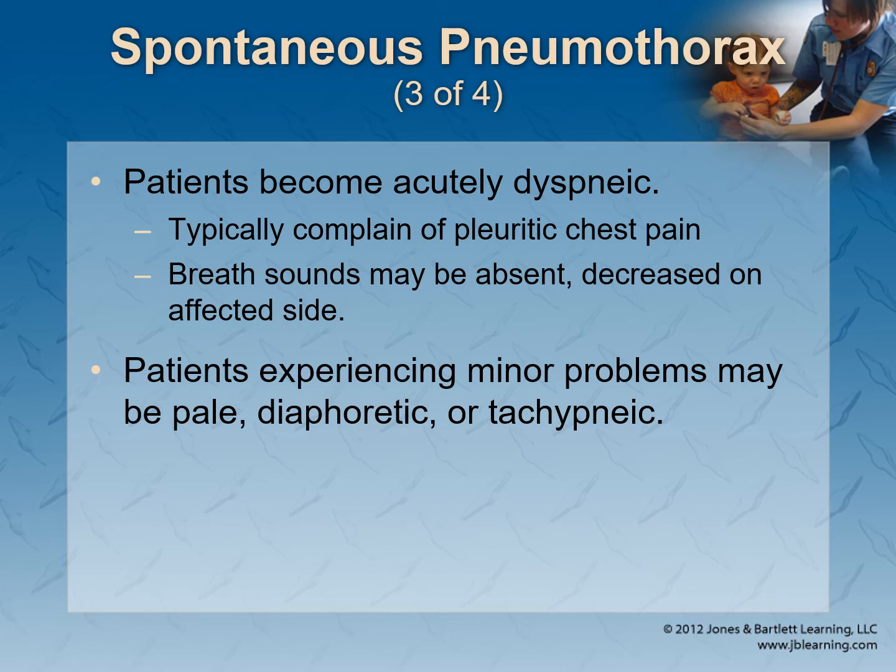It's not going to the jaw. It's not going to the arm. It doesn't feel like a pressure. It's more of a sharp, diffuse pain on one side of the chest. Again, that should perk your ears up, and you should be looking for that pneumothorax.